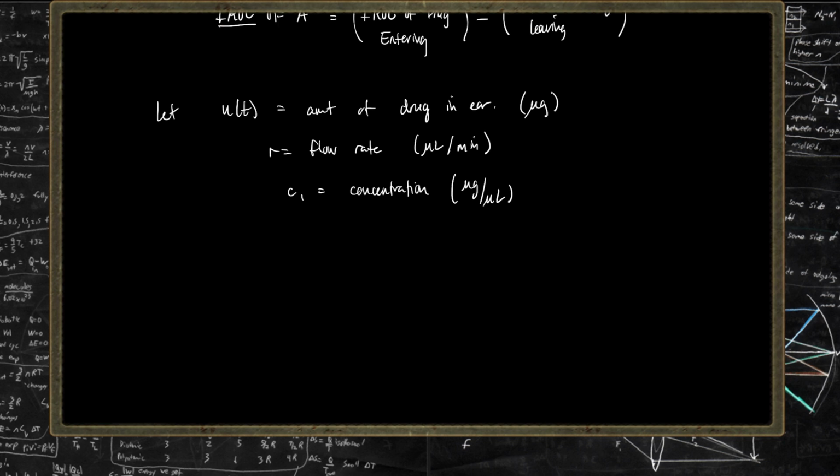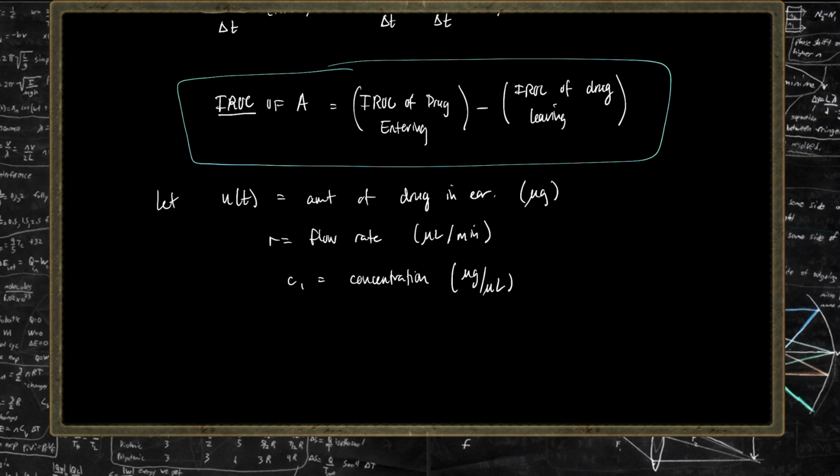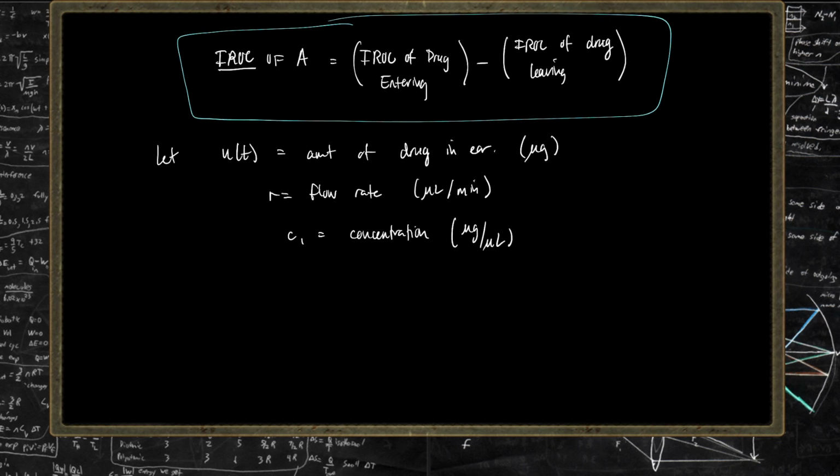And what do we see? Using this idea of the derivative of the drug entering minus the derivative of the drug leaving, using these parameters that we just lined up here, then u prime of t, which we said, what does that mean?